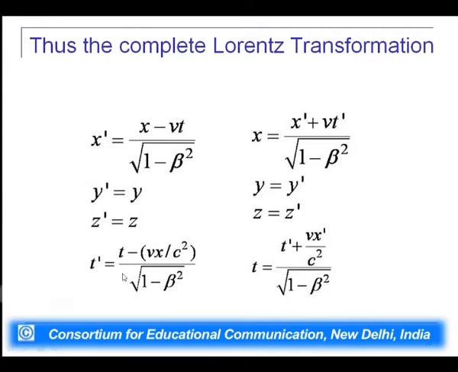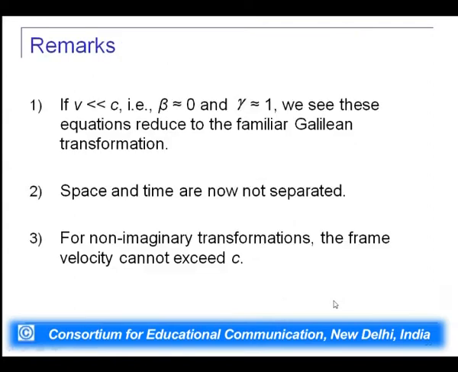Then t dash is equal to t minus vx by c square, divided by root of 1 minus beta square. For the static frame, x is equal to x dash plus vt dash divided by root of 1 minus beta square. The value of beta is the same, v by c. Then y is equal to y dash, z is equal to z dash, and t is equal to t dash plus vx dash by c square, divided by root of 1 minus beta square.